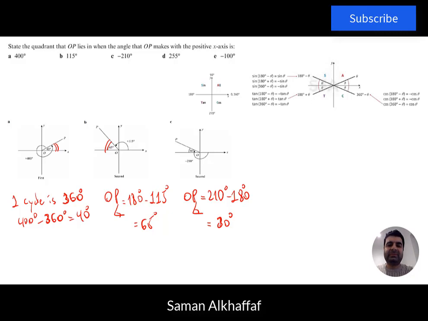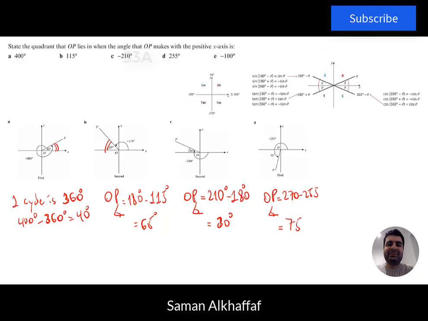Okay. Now for part D, we're looking at the angle of 255 degrees in the positive, so we're moving in the anti-clockwise direction as shown here, and we need to find the angle that OP makes with the x-axis. The way we do that, the OP angle will be 270 take away 255, which gives us 75 as shown here.